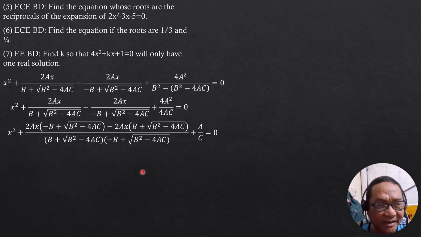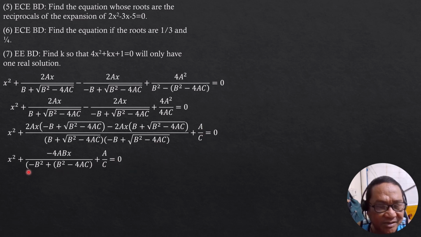So it is x squared, then minus 4abx over negative b squared, b times negative b squared, then the square plus the square of this radical, then plus a over c equals 0.